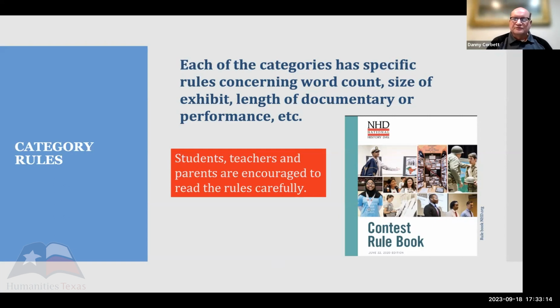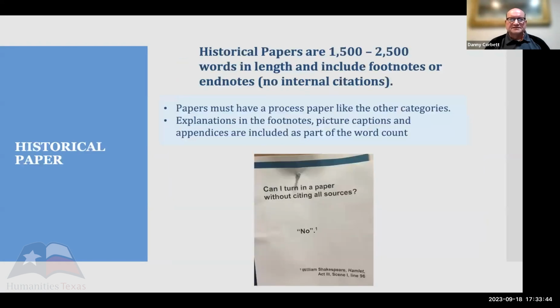So the rules might relate to word count in a historical paper, the size of an exhibit, the length of the documentary or performance, those kind of things. So we really encourage students, teachers, and parents to read the rules, because sometimes the parents might need to know so they can guide their students in creating their projects. So the rule book is very important there. Okay, next slide.